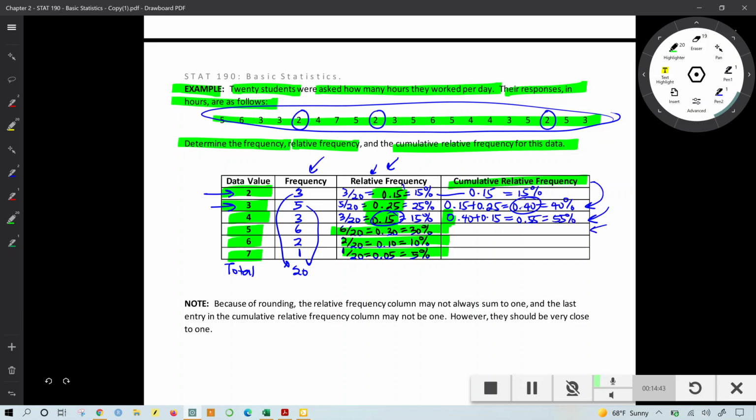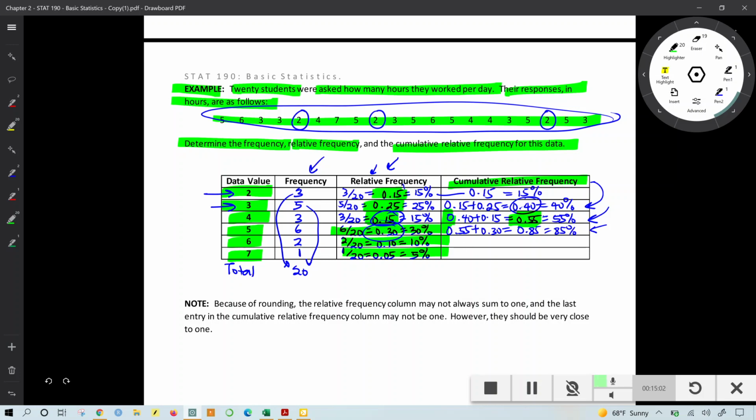The fourth cumulative relative frequency will be the total of the first 3 plus the fourth relative frequency, so that will be 0.55 plus 0.30, which is 0.85, 85%.